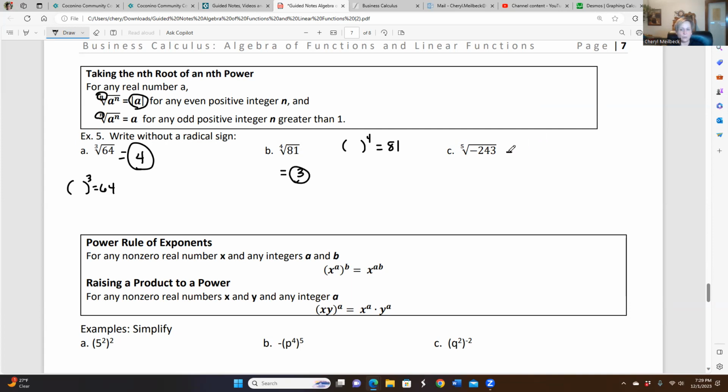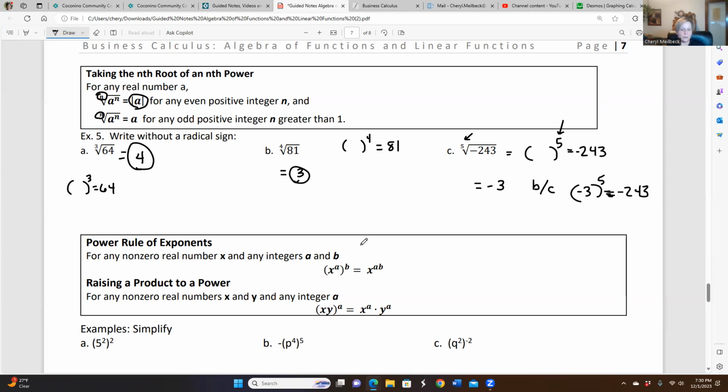Here, we're looking for what number to the 5th gives me a negative 243. Now, it can be negative in this case because we have an odd index. So as it turns out, the 5th root of negative 243 is simply negative 3, because negative 3 to the 5th power is negative 243.